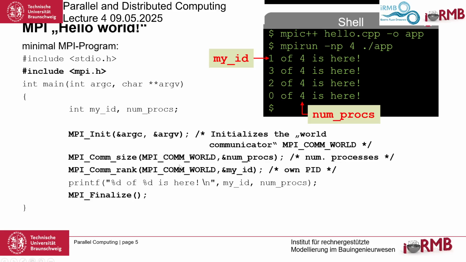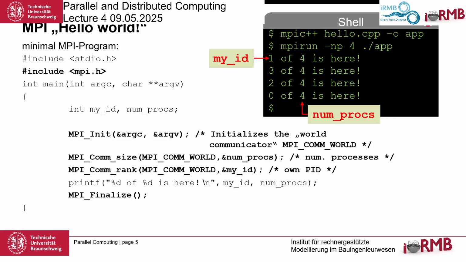So MPI COMM world, and then you hand this the reference of the number of processes. What this will do is, because it got the reference, it will write the number of processes inside this variable.